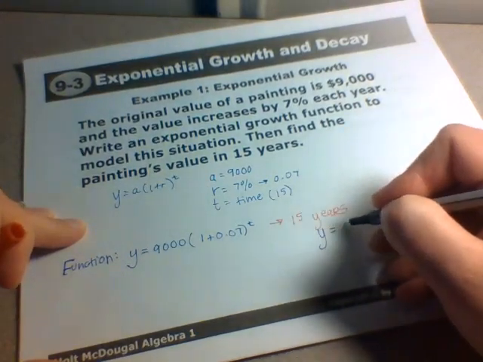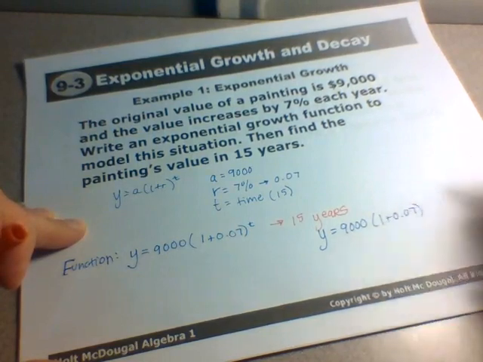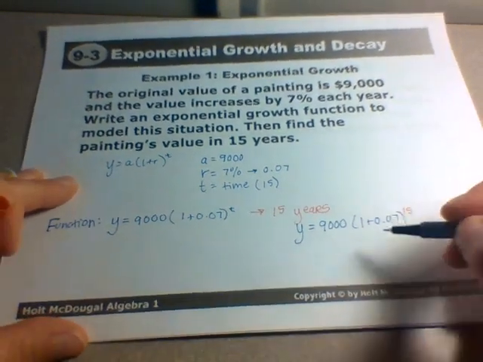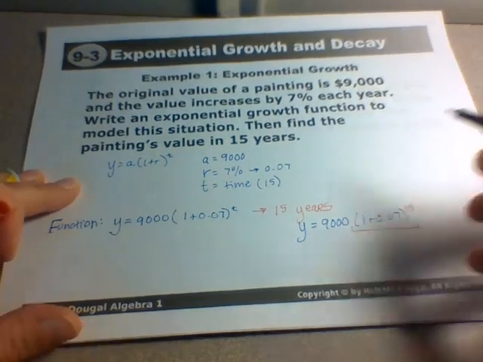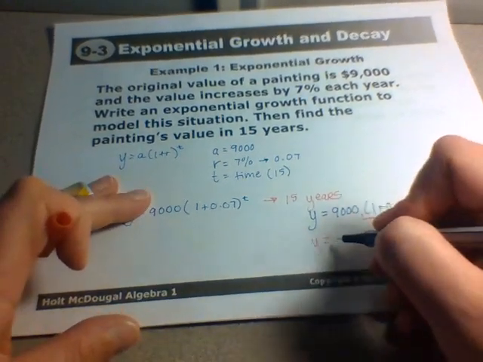So we're going to find y after 9,000 times (1 plus 0.07) to the 15. From the order of operations, the first thing you're going to want to solve is this thing that has a power of 15.